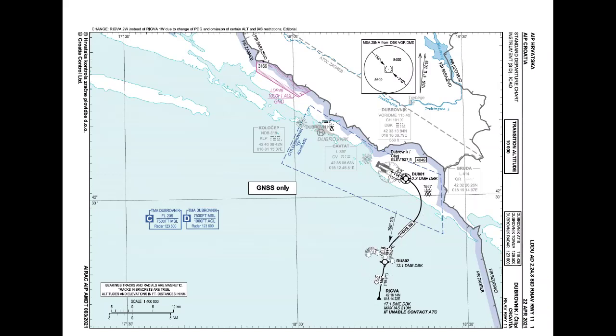And the next waypoint is DU 802, and its position is 12.1 DME from the same DBK VOR, and on position regarding Golf Romeo, Gruda is NDB navaid.